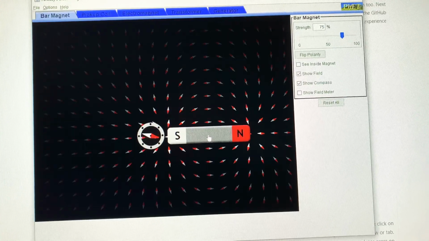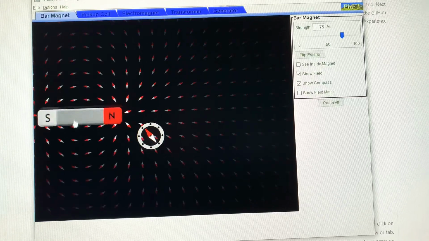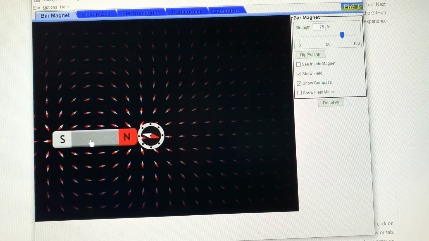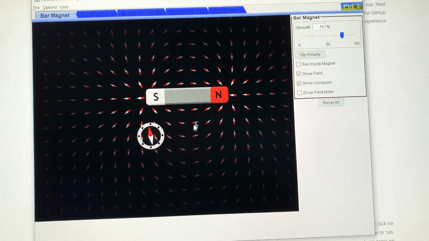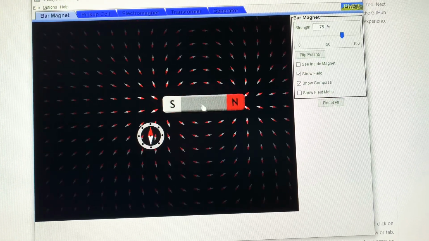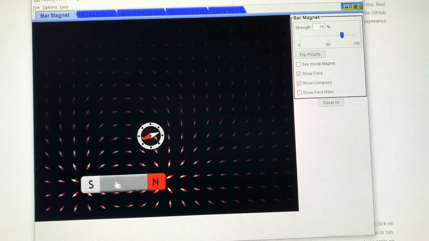If I move the South Pole of the bar magnet next to the compass, it's attracted to the North Pole of the magnet in the compass, and vice versa. So the North is attracted to the South, red to white, white to red, and that is governed by what we call the magnetic field. It is this field that influences how these two objects interact.